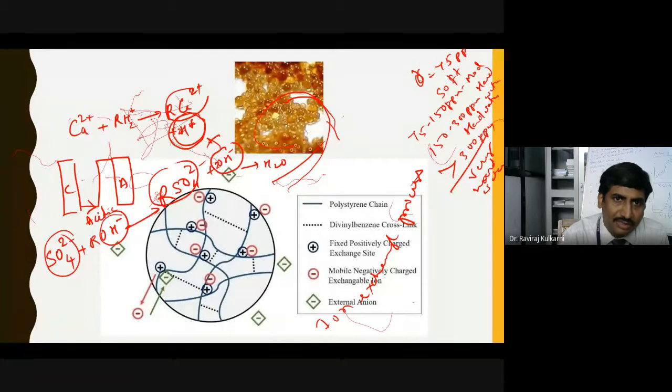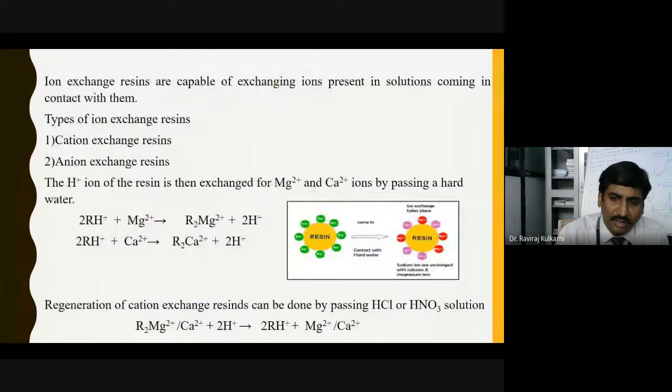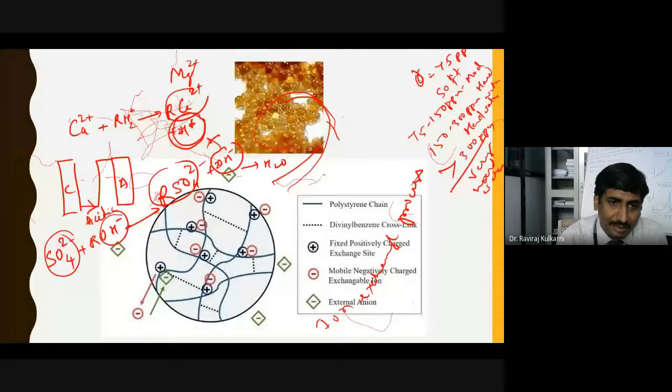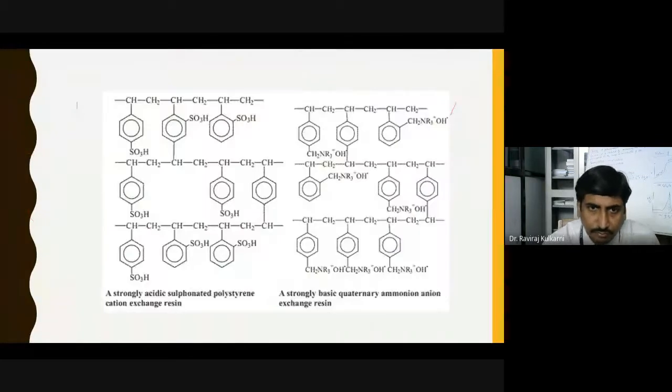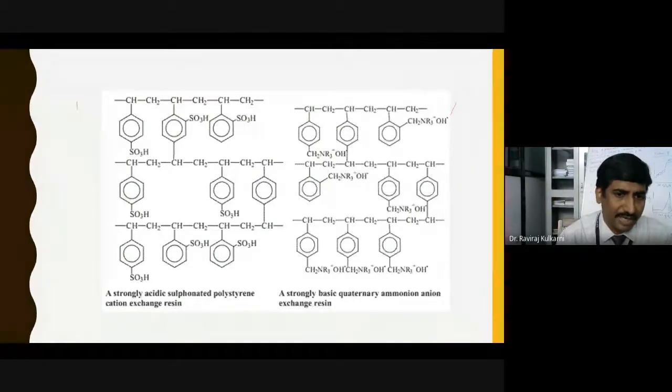Calcium or magnesium ions sit on the resin and are replaced with hydrogen ions. So what happens to the hardness of the water? It decreases. The ion exchange process is a water softening process. We use polystyrene chain with divinyl benzene as the cross-linking agent. This is strong acidic sulfonated polystyrene cation exchange resin.